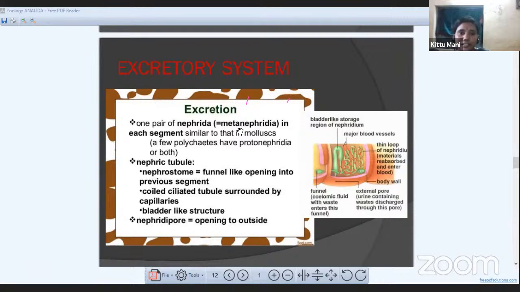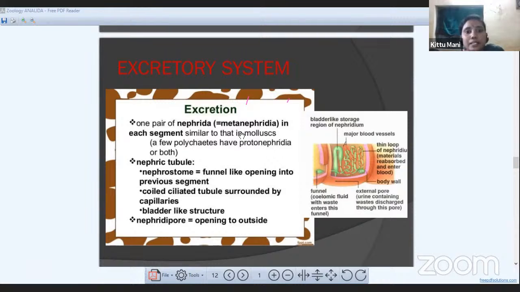Here I can say metanephridia, and we have different types of nephridia. We will discuss them in the type study of earthworm. Here metanephridia is present, the developed one. So also protonephridia, metanephridia, the different nephridia are present in the nephridial structure.